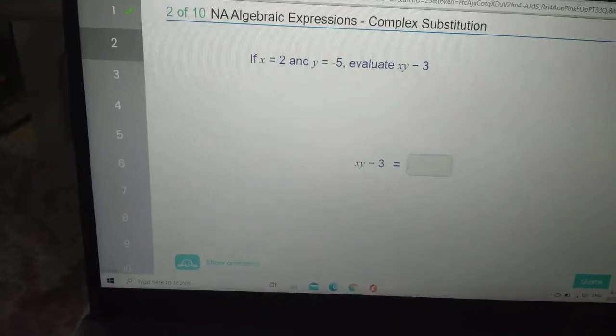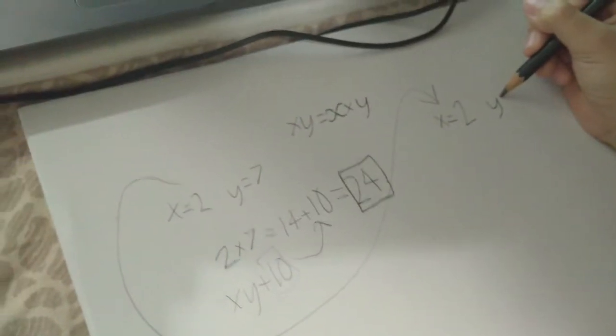x is still equal to 2 in my solution. But now y changed. y equals negative 5.